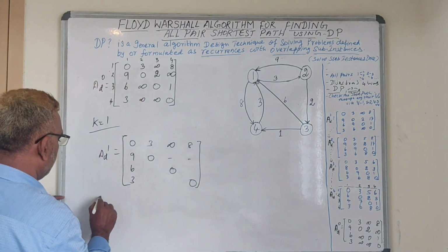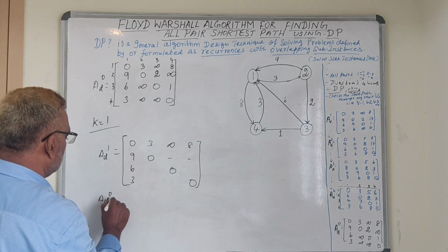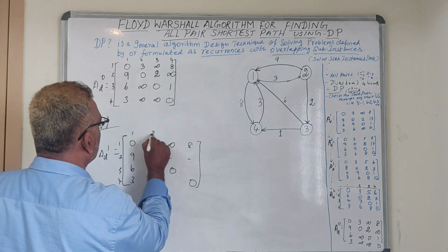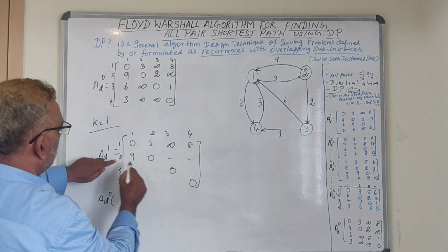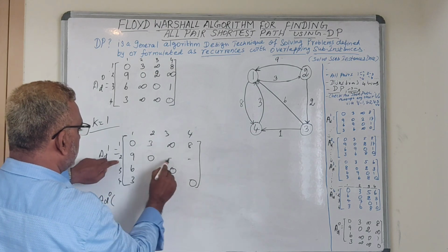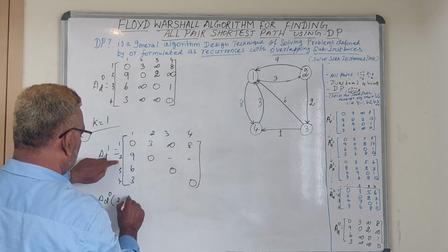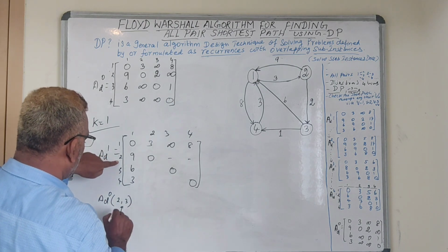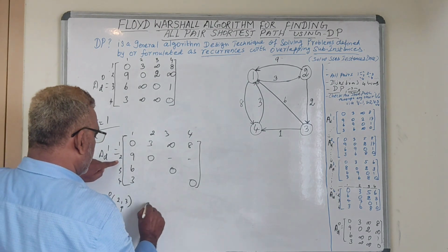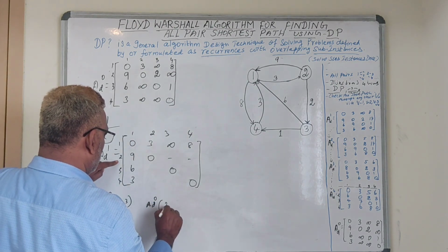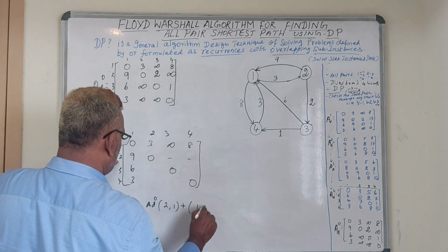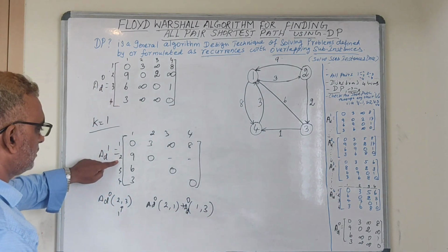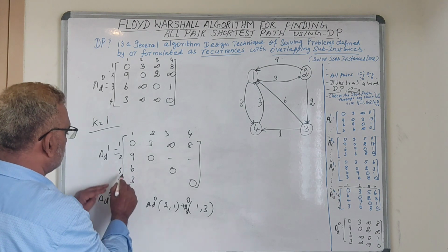So AD0, this value is nothing but 1, 2, 3, 4, 1, 2, 3, 4. So find out this position: it is second row, third column. We have to include vertex 1 as an intermediate vertex, so we can write this as AD0 2,1 plus AD0 1,3.